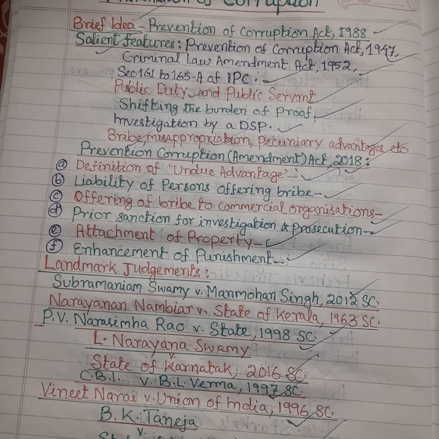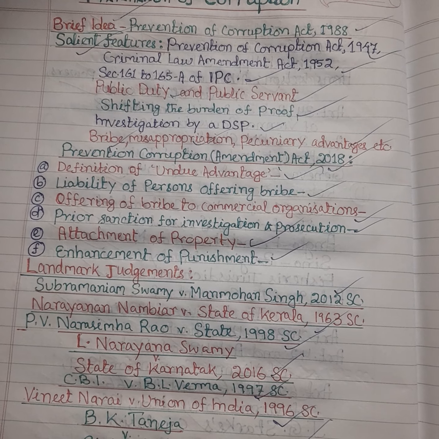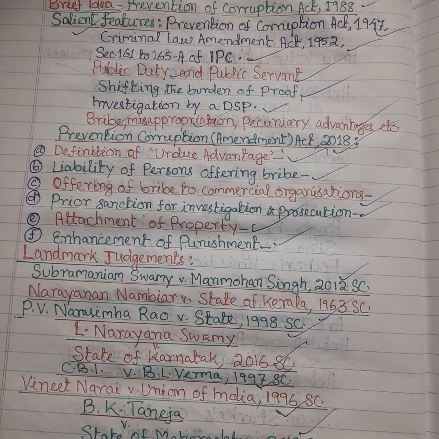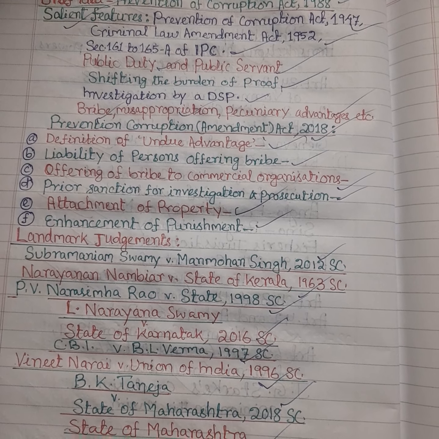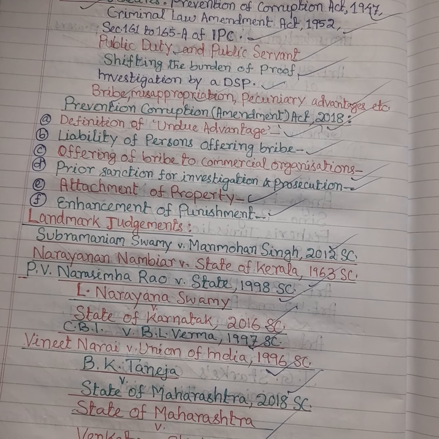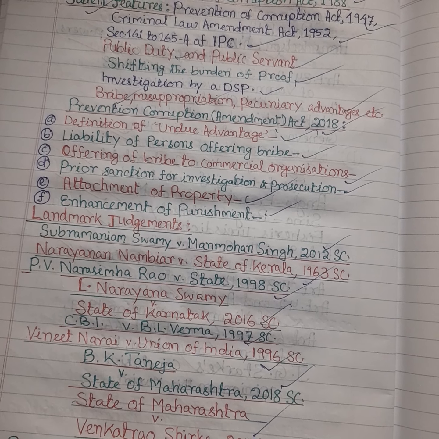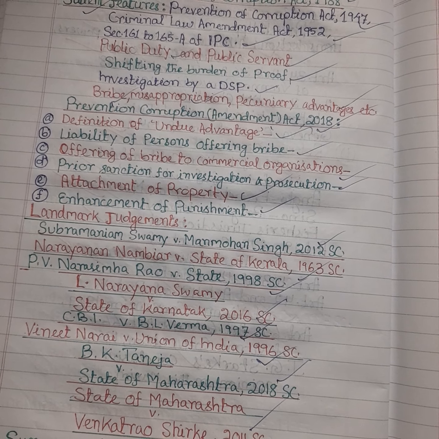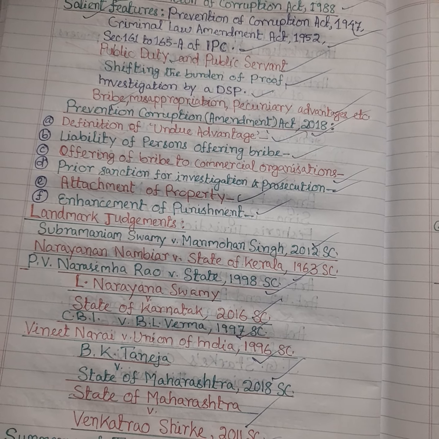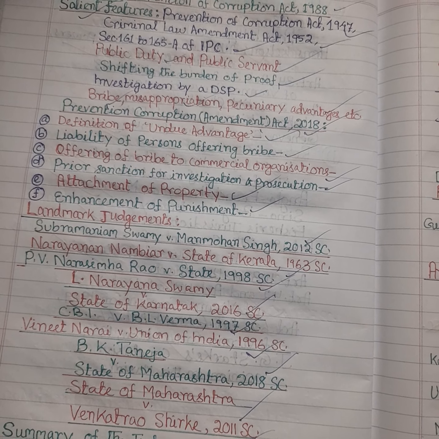So, in this lecture, we have completed the provisions of the Prevention of Corruption Act 1988 and as amended in 2018, including the new features inserted under the 2018 amendment, like the definition of undue advantage, liability of persons offering bribes to public servants, and also offering a bribe to commercial organizations, and the requirement of prior sanction for investigation and prosecution.